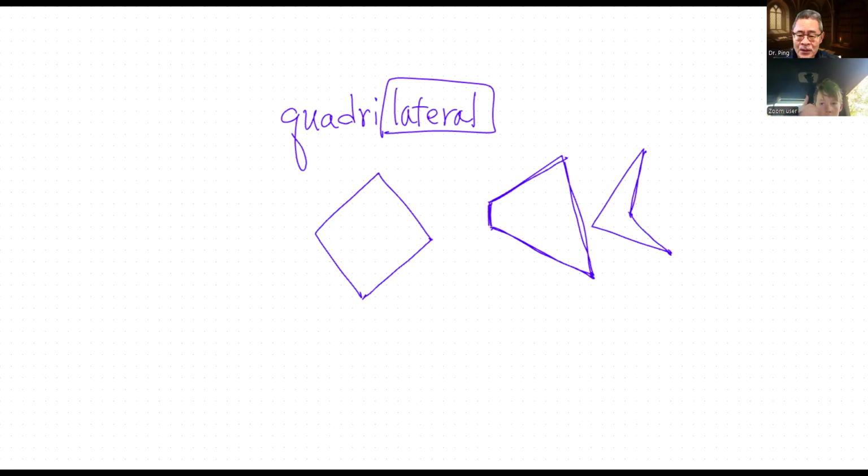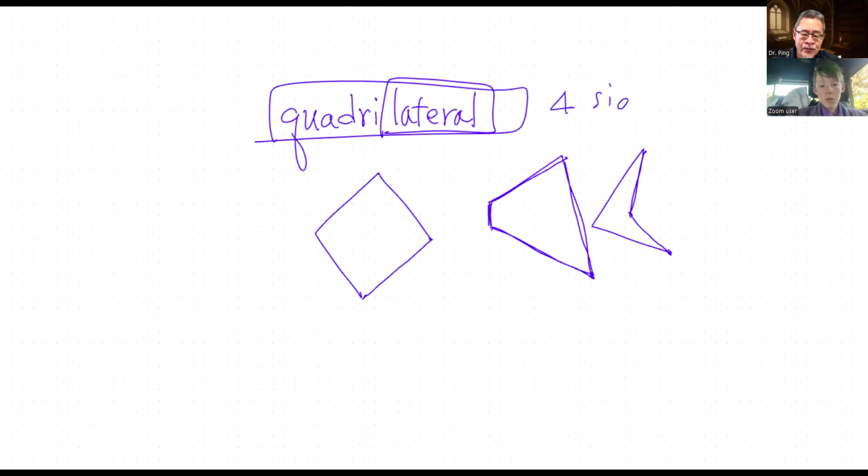So that's the definition of quadrilateral. Basically, the simple definition is that it has four sides, and also four vertices. Each one is a vertex. The plural is called vertices. So four sides, four vertices, and of course we got four internal angles.